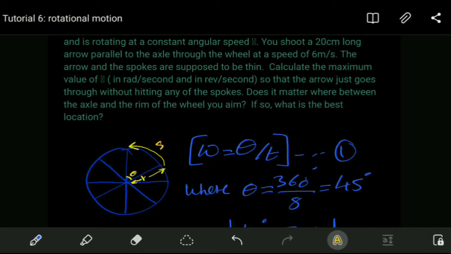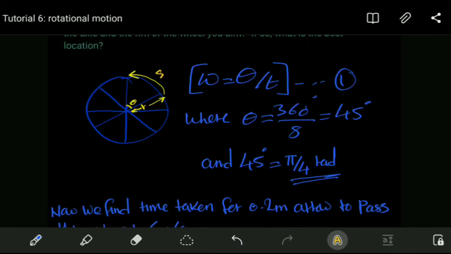So we're going to divide 360 by 8 to find the displacement covered between two spokes. 360 over 8, we're getting 45 degrees, meaning that each spoke is making 45 degrees with respect to the next one. So we have to convert this into radians. We have 45 degrees giving us pi over 4 radians.